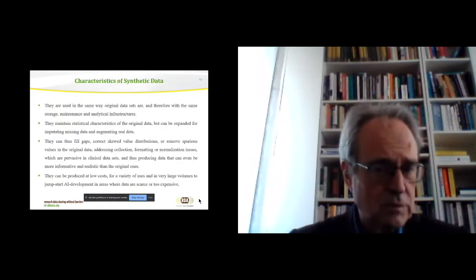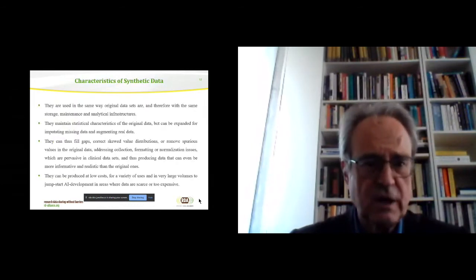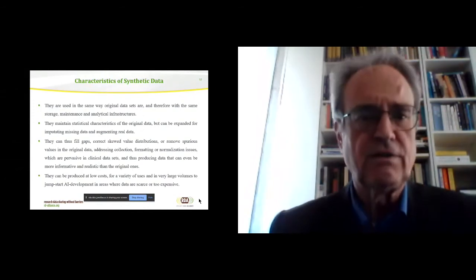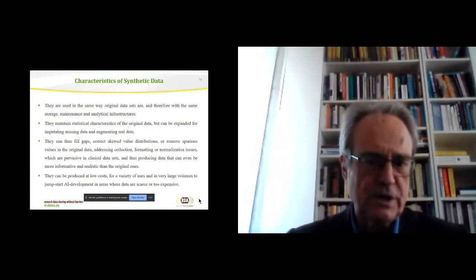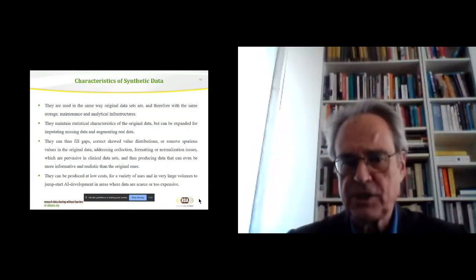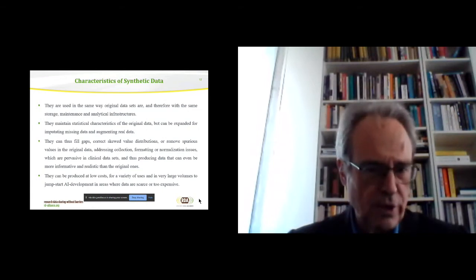There are important characteristics of synthetic data. They are used in the same way original data sets are, and therefore with the same storage, maintenance, and analytical infrastructures. They maintain statistical characteristics of the original data, but can be expanded for imputing missing data and augmenting real data.